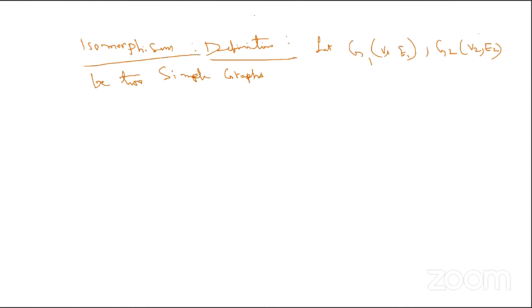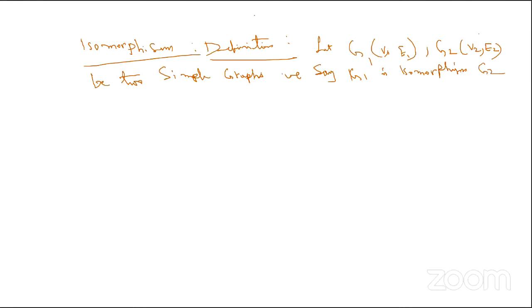We say G1 is isomorphic to G2. What is isomorphism?